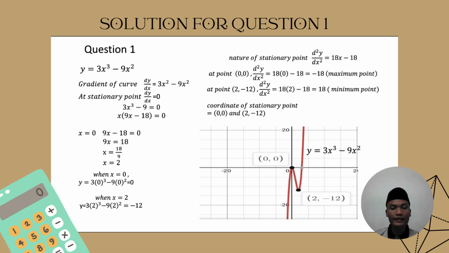So you will get the answer as shown at the slide. Step 7 is the stationary point or turning point. The turning point of x1, y1 is 0, 0, and turning point of x2, y2 is 2, negative 12.